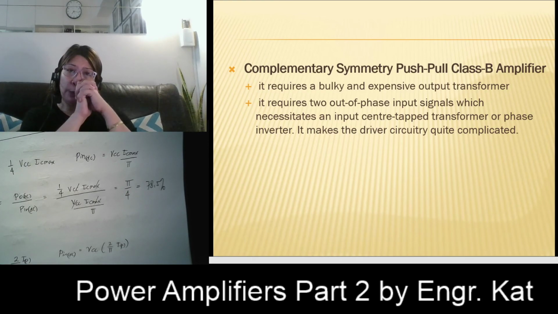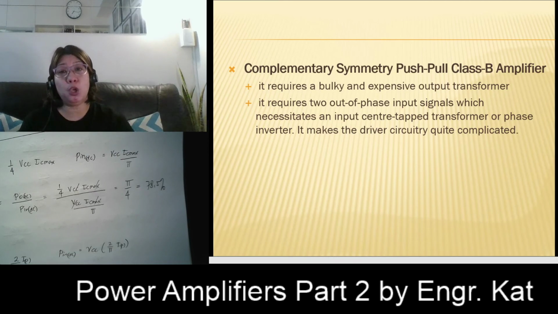It also requires two out-of-phase input signals. Since it requires two out-of-phase input signals, we make use of the center tap transformer, which necessitates an input center tap transformer or phase inverter, and thus it makes the driver circuitry quite complicated.